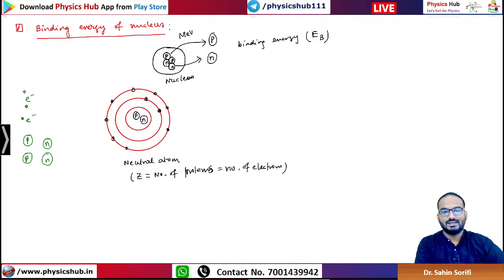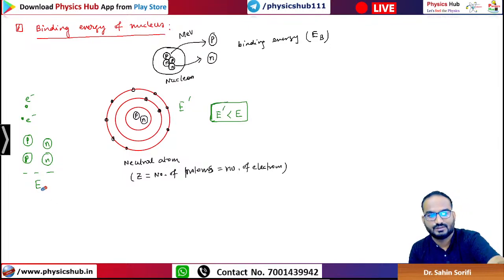If you calculate the energy of these particles individually, and the energy of the atom, this energy E prime will be less than E. So we have a little less energy inside this bound atom. The mass-energy will come into the picture later on.